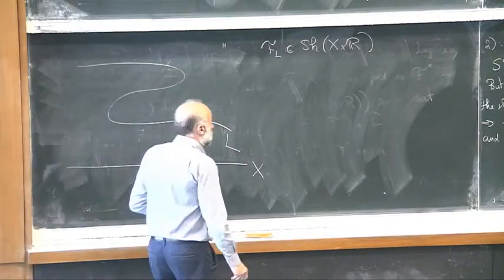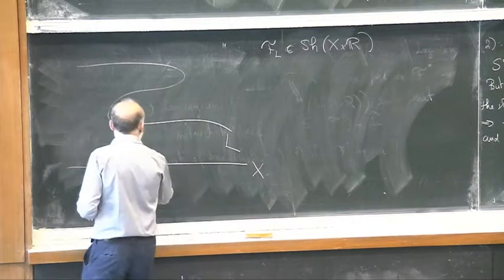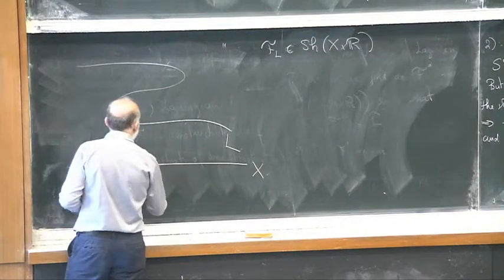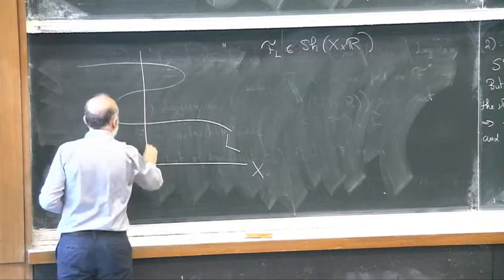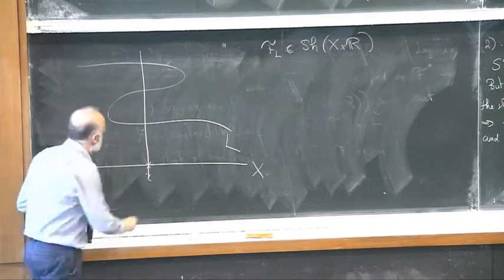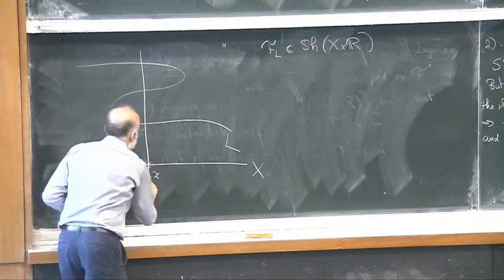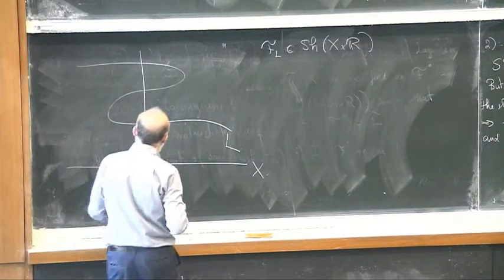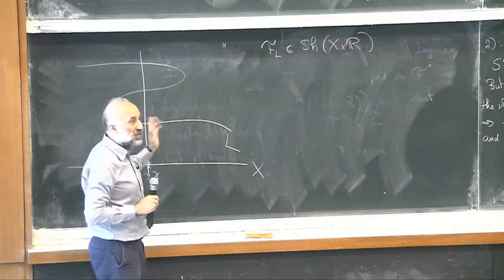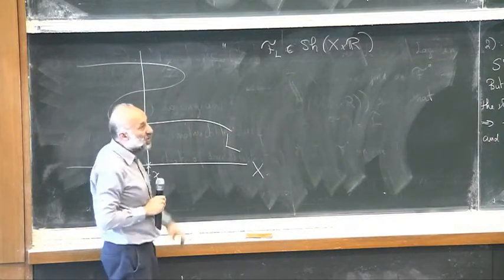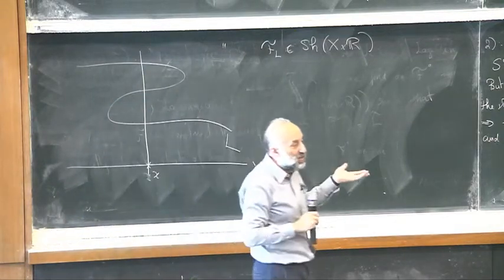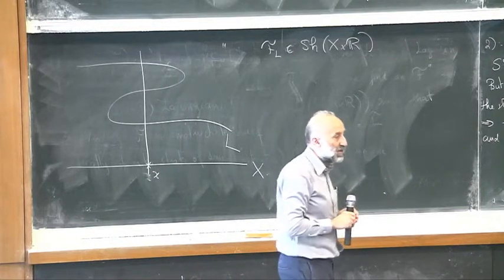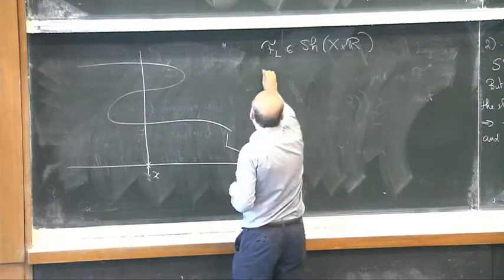So one thing you could start asking is, take a point x here. Of course the sheaf is not really determined by the germs, okay? But at least if you know what the sheaf is, you should be able to say what the germ is at the point x.